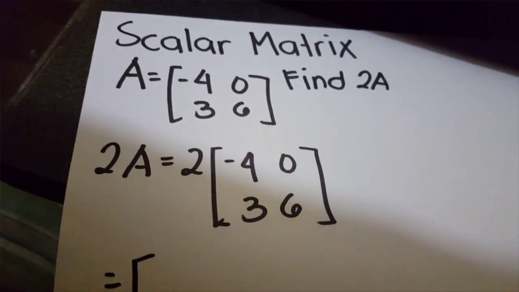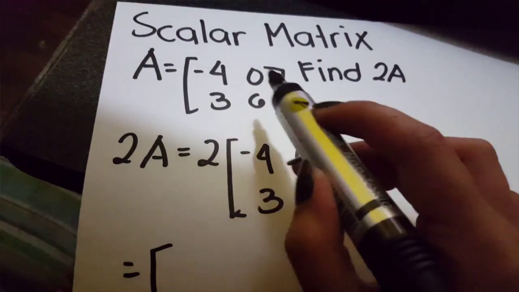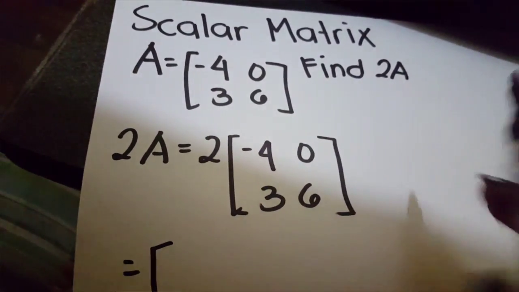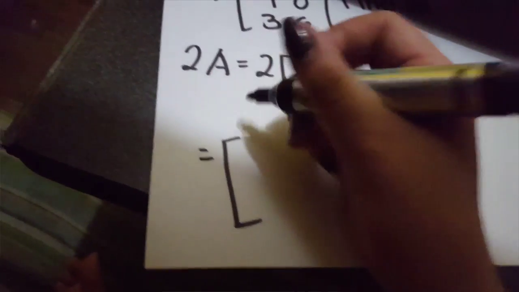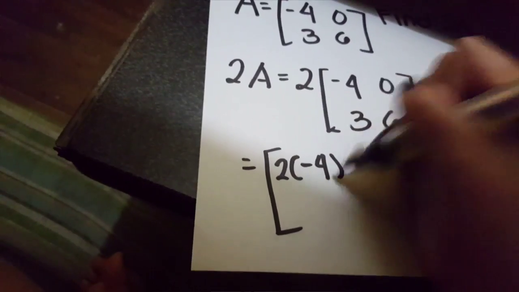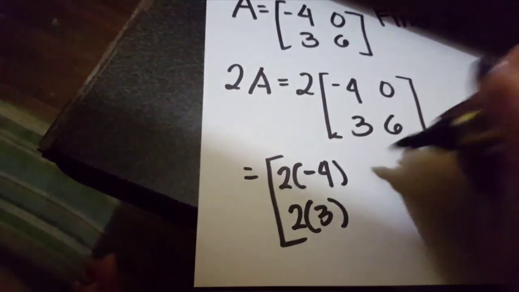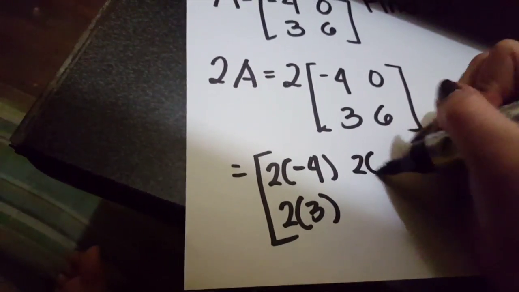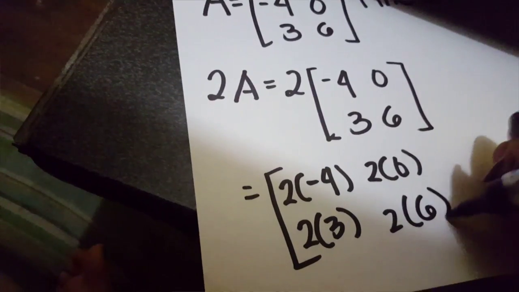Okay, so scalar matrix. Let's say we've got a matrix A: negative 4, 0, 3, and 6. So find 2A. All we have to do is just multiply each entry by 2. So 2 times negative 4, 2 times 3, 2 times 0, and 2 times 6.